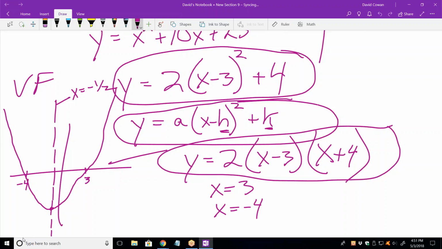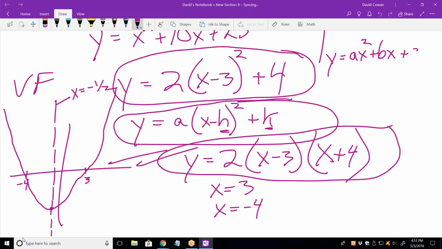Second most important thing to know is where the x-intercepts are. So the x-intercept format is pretty nice also. Standard format, not so helpful. Standard format is ax squared plus bx plus c.